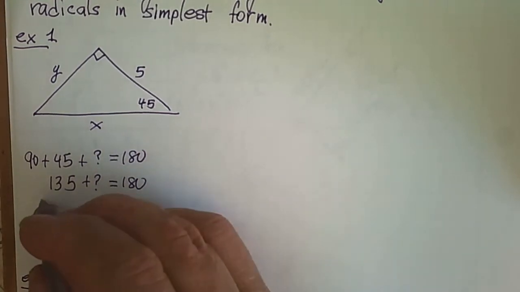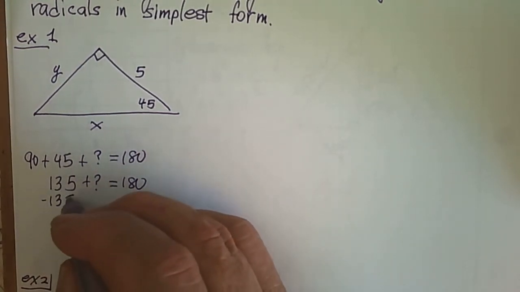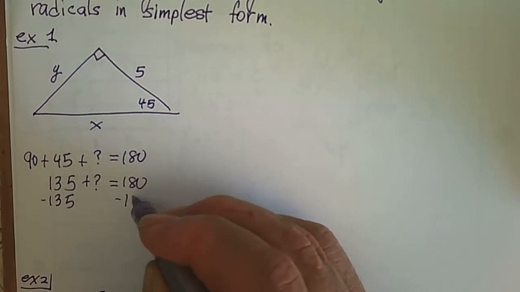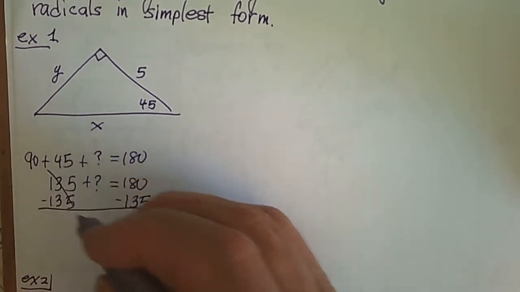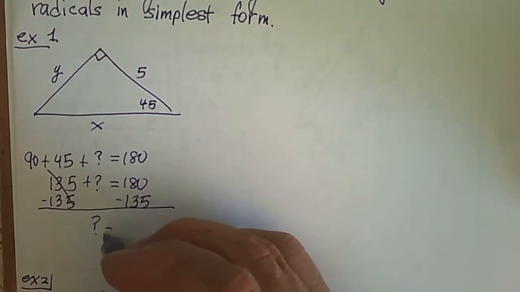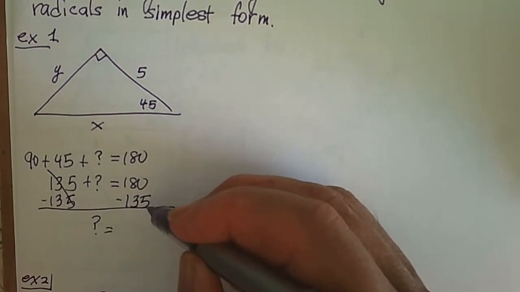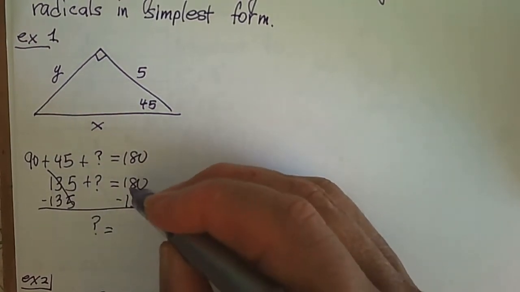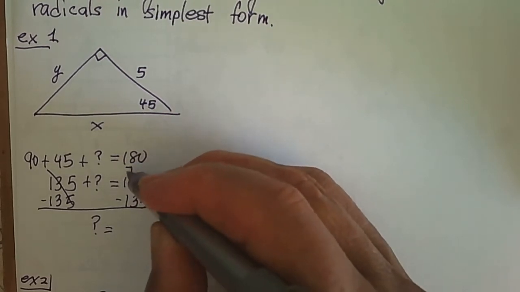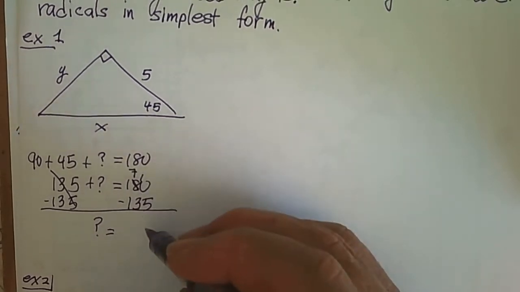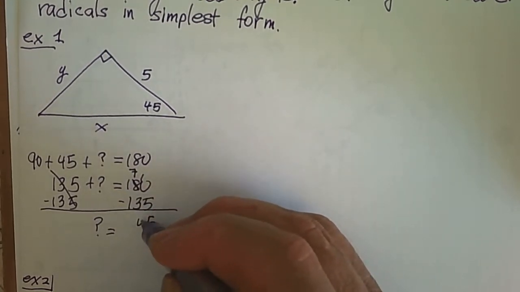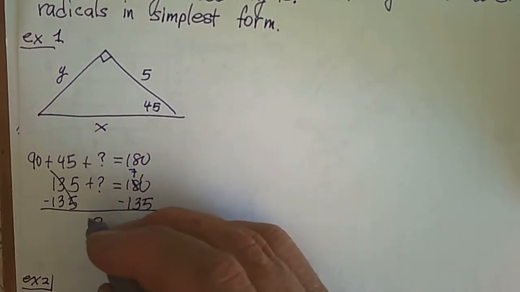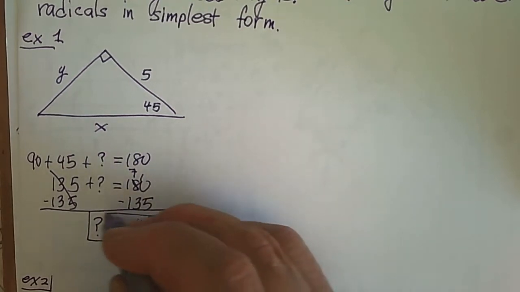To get the question mark by itself, subtract 135 from both sides. Borrow from the 8: 10 minus 5 is 5, 7 minus 3 is 4, and 1 minus 1 is 0. So the question mark is 45.